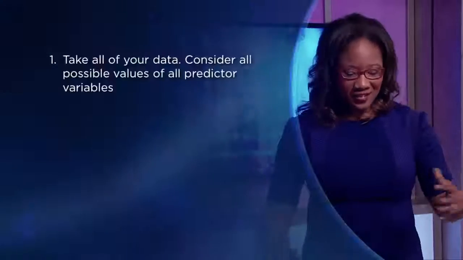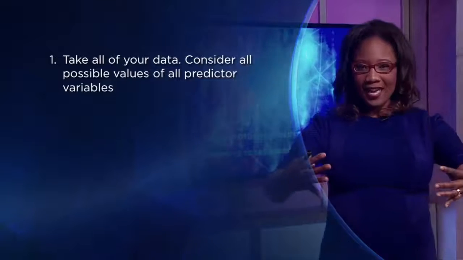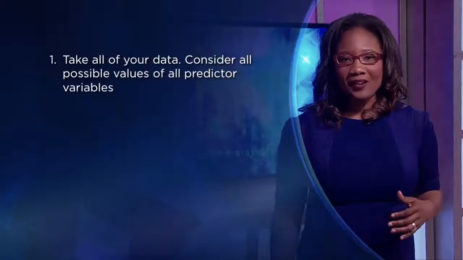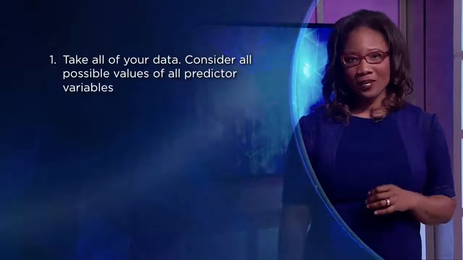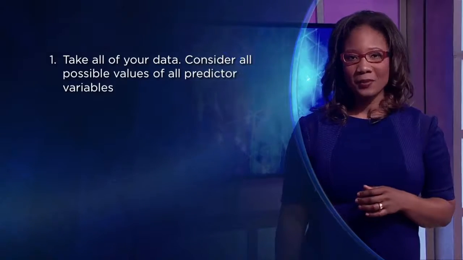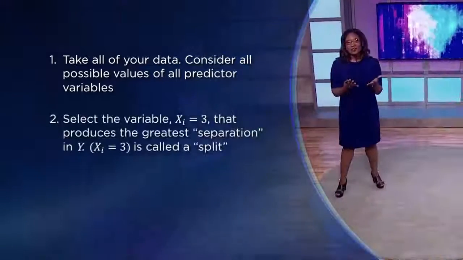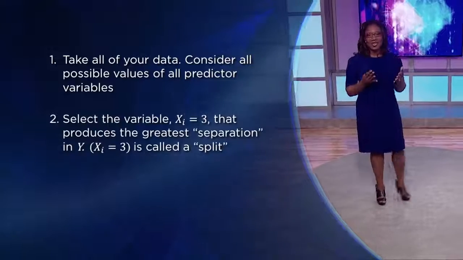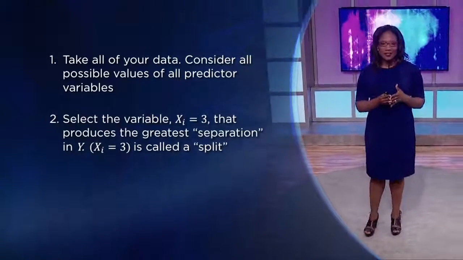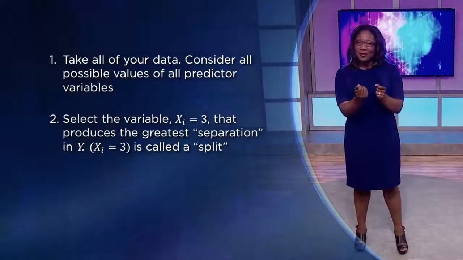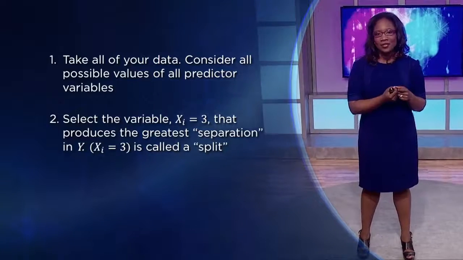All right, here's how it works. Let's suppose we have one predictor variable, x, and one response variable, y. You're going to take all of your data and consider all the possible values of your predictor variable, so you're just looking at your x variable. Then you select a point, say x equal to 3, that might be the point that produces the greatest separation in y.